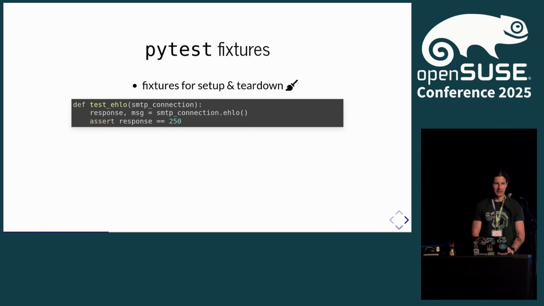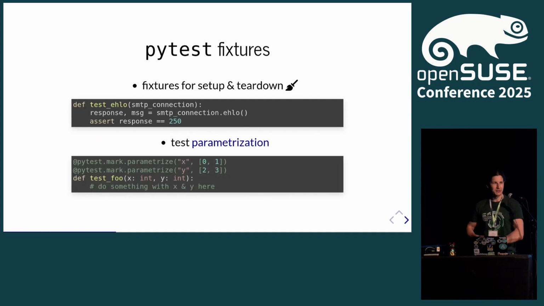So there's a few fixtures that are creatively called container something or pod something. I mean, it's container_per_test and so on. And they do the container launching and the container destruction. And the second part is you can do test parameterization.